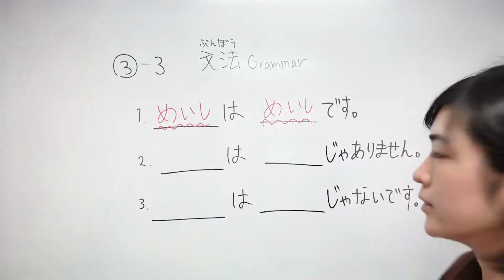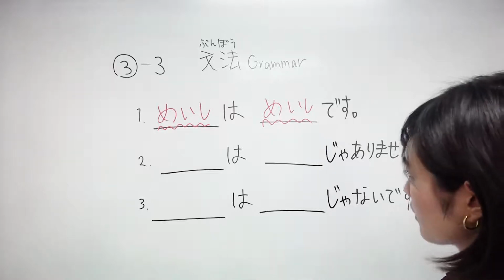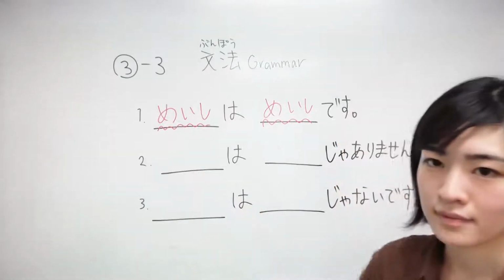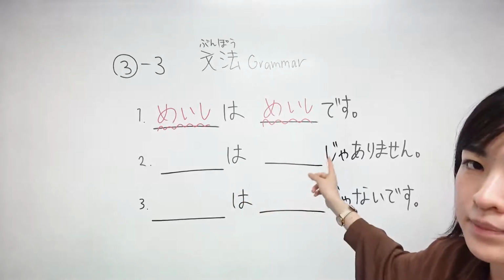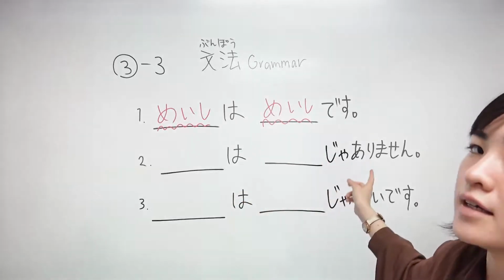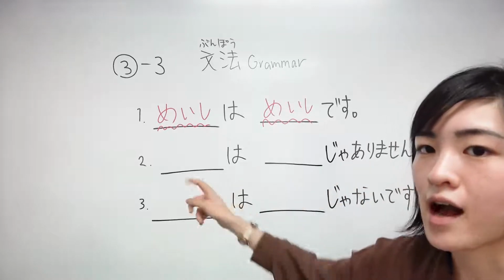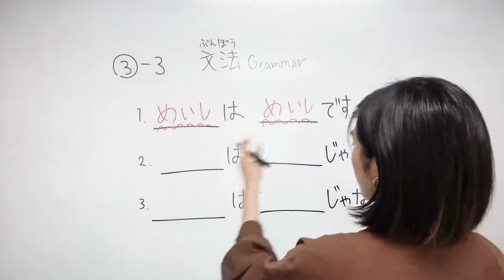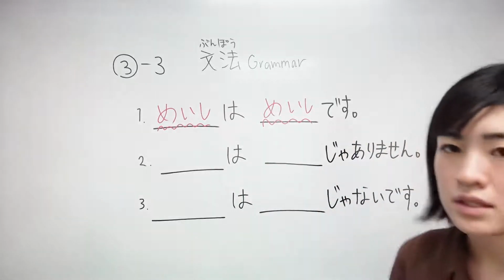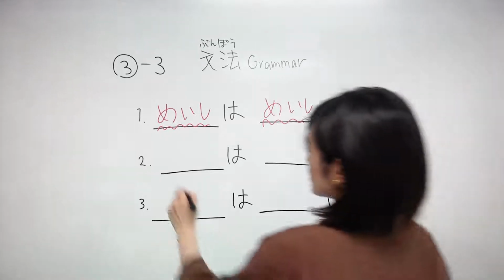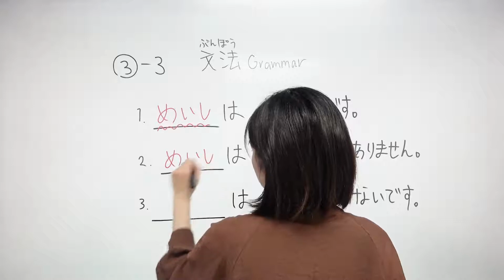Okay, let's look at number 2. An example. 私は日本人じゃありません. Do you remember this? I am not Japanese. Again, I, this is a noun. 名詞.